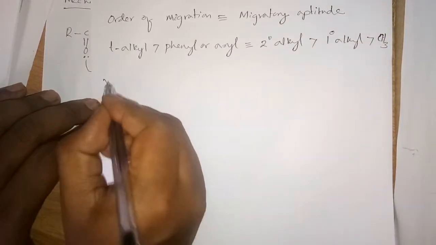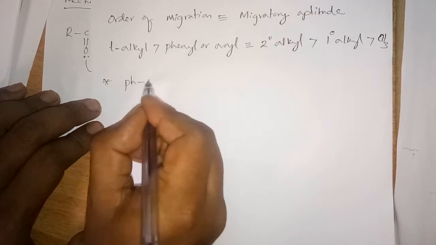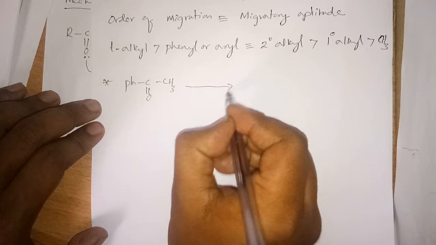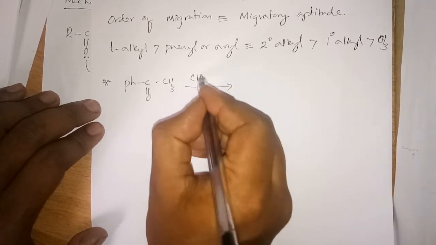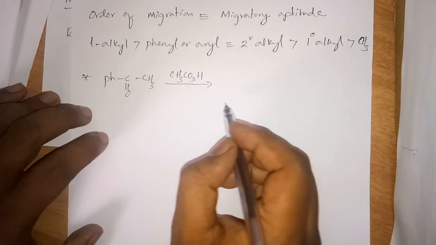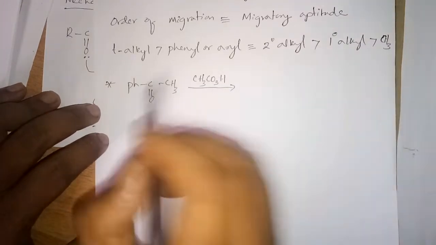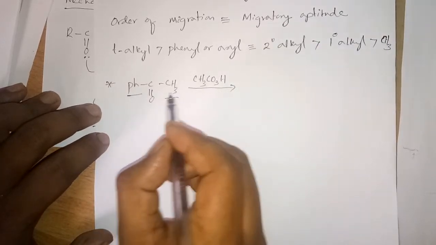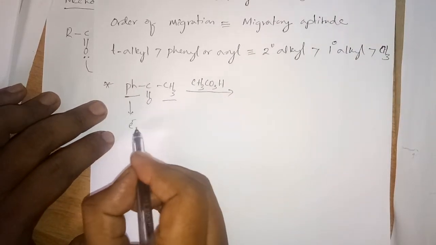If we take another example, acetophenone, with CH3, and we use any peracid such as peracetic acid, we need to find out which is more electron rich. Compared to phenyl and methyl, phenyl is more electron rich.